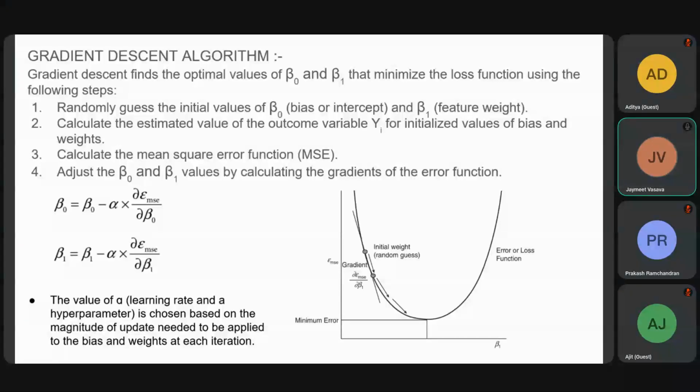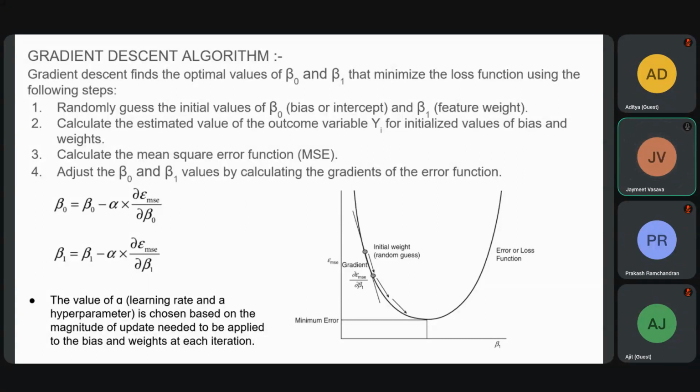Then calculate the estimated value of the outcome variable yi for the initialized values of bias and the weights. Calculate the mean square error function, MSE, and then adjust the beta 0 and the beta 1 values by calculating the gradients of the error function. For the mathematical terms, on the left hand side, those are beta 0 hat and not just beta 0.